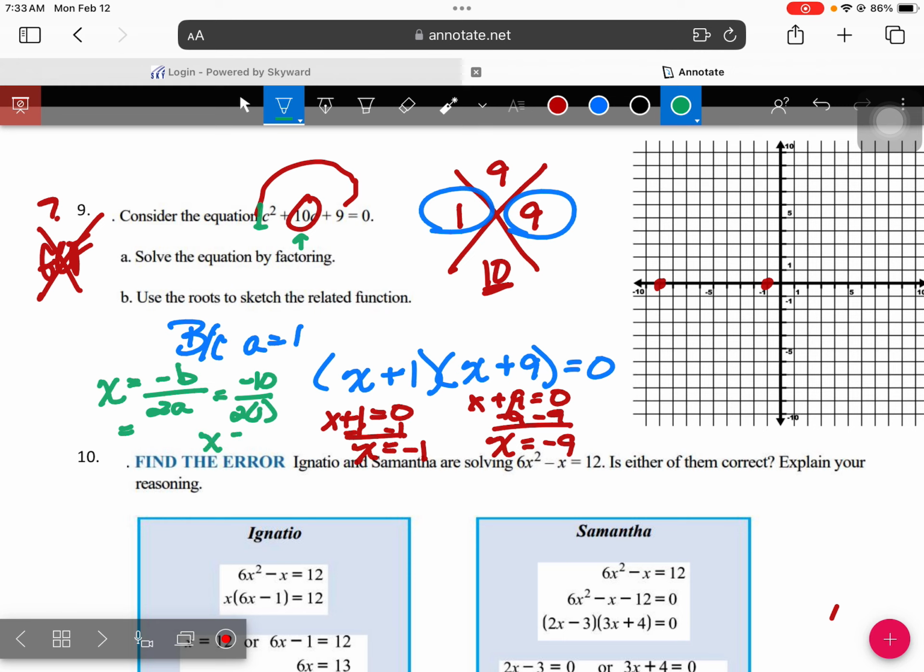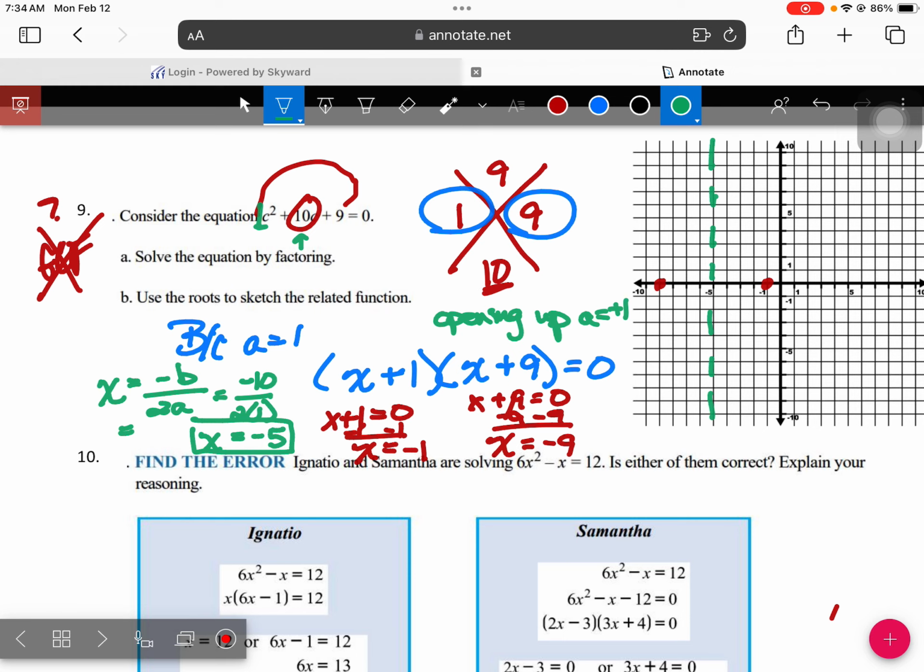So x is equal to negative 10 divided by 2, which is negative 5. That's my axis of symmetry right here. Okay. Use the roots to solve. Is this going to be opening up or down? Right, opening upward, because a is equal to a positive 1.